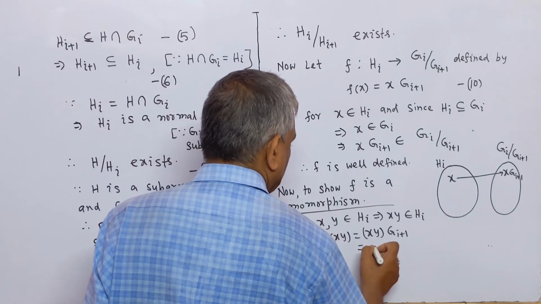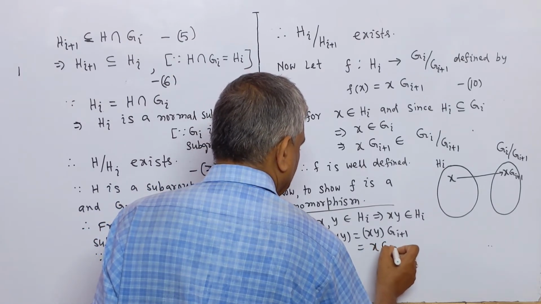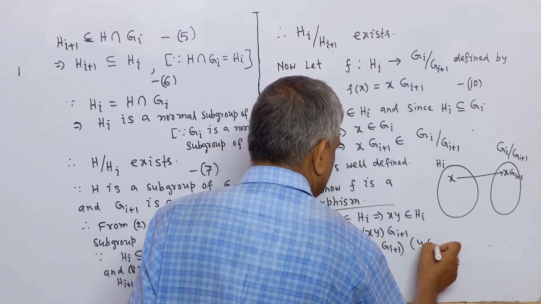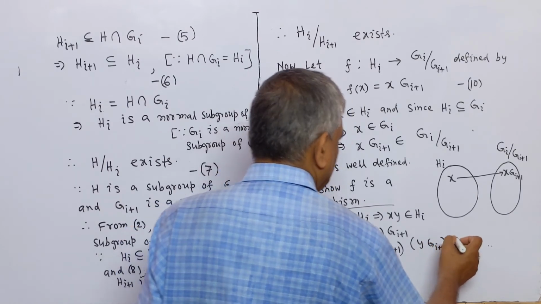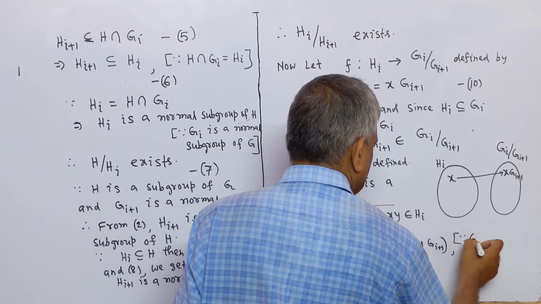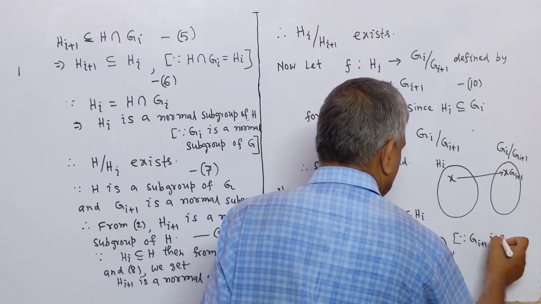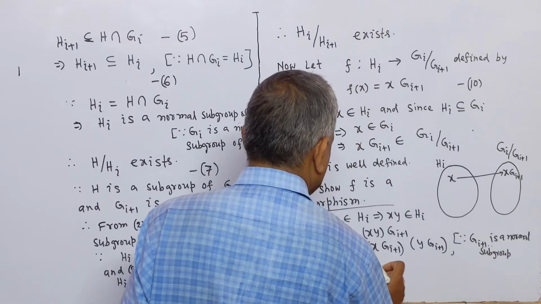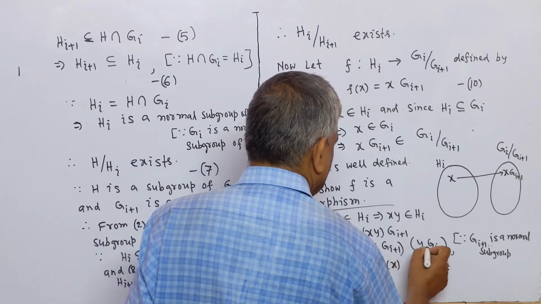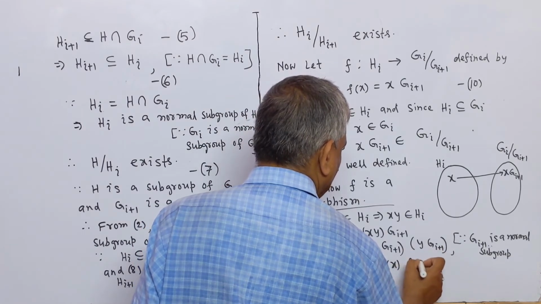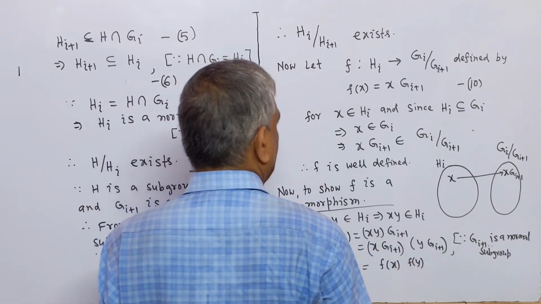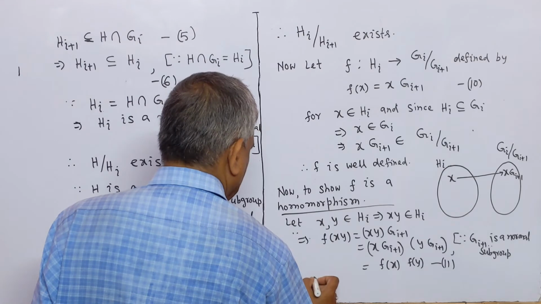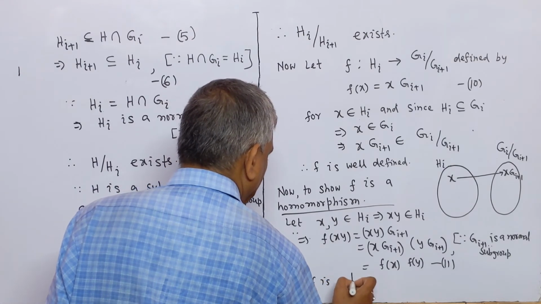This equals x Gi plus 1 operation y Gi plus 1. Since Gi plus 1 is a normal subgroup, this equals F of x operation F of y. Let this be number 11. Therefore, F is a homomorphism.